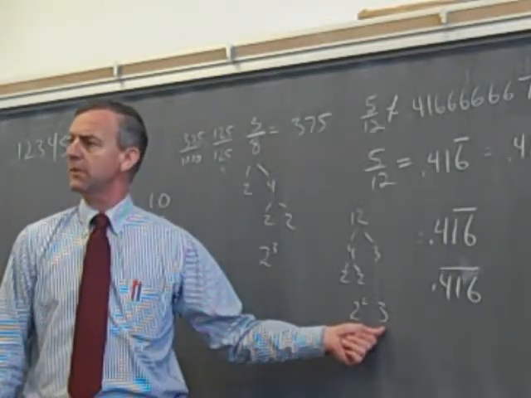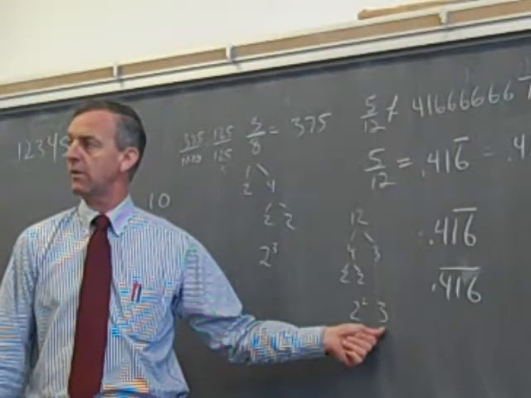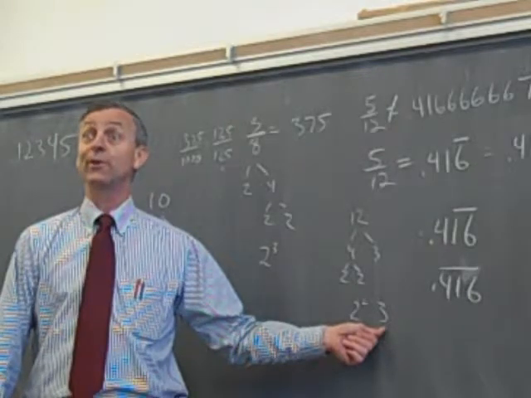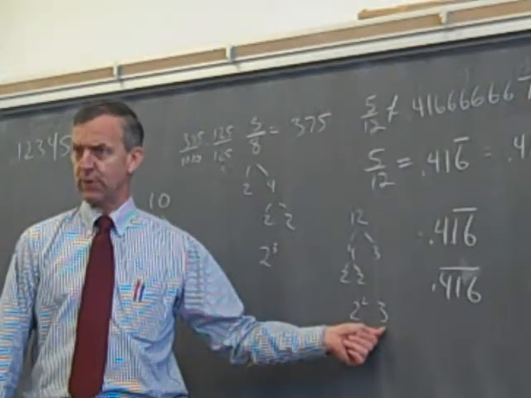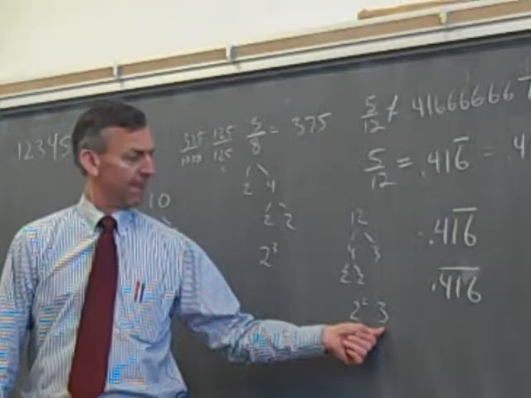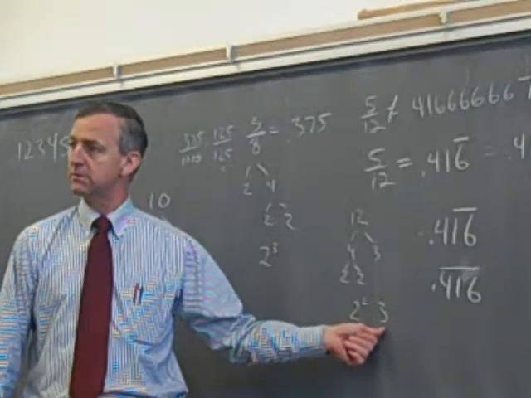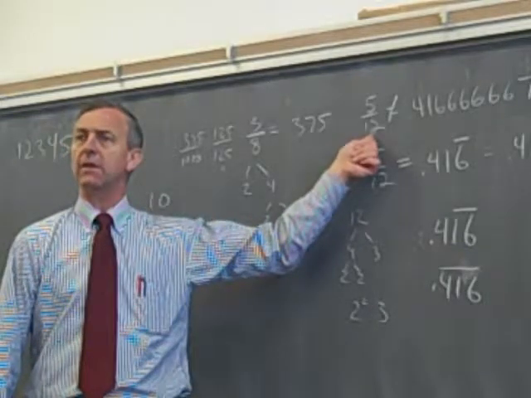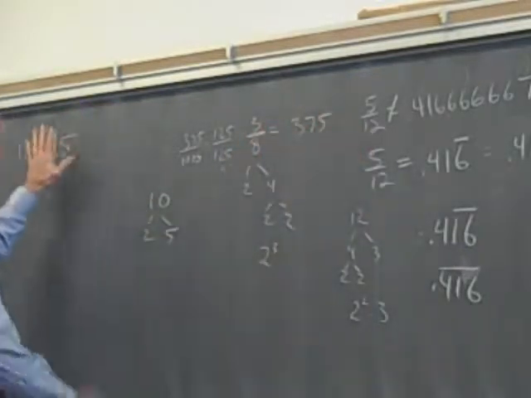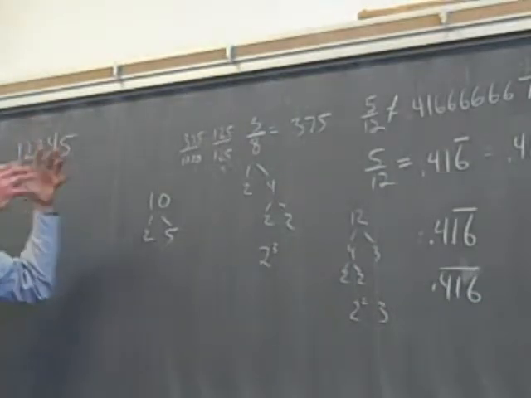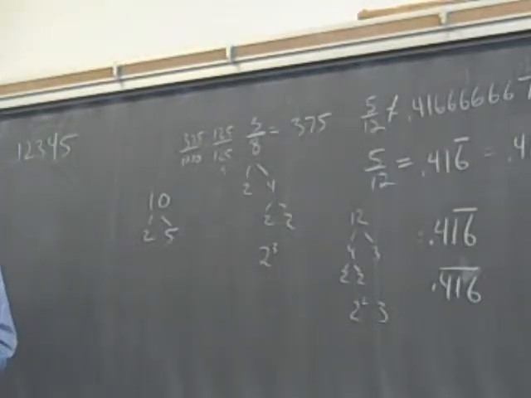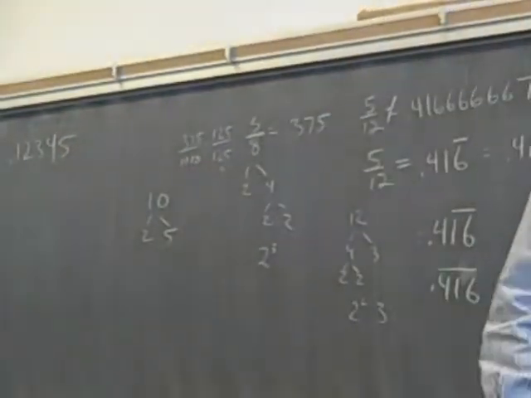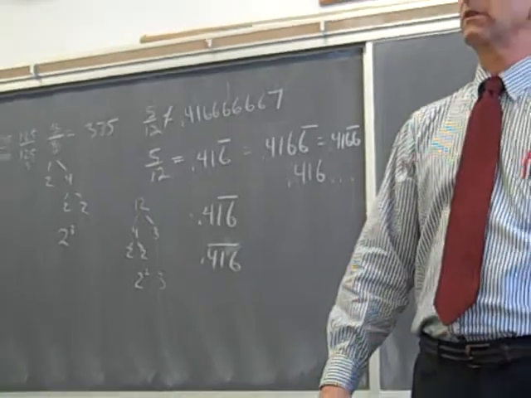What am I going to multiply 3 by to turn it into 10 or 100 or 1,000 or whatever? I'm not going to find any whole numbers that will do that, right? Therefore, I can't turn this into a terminating decimal, because I can't get it to turn into one of those tenths, hundredths, thousandths, or whatever. Does that make sense?